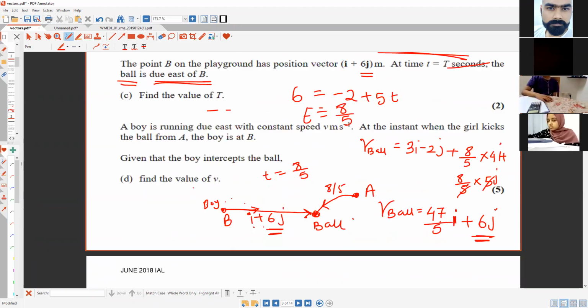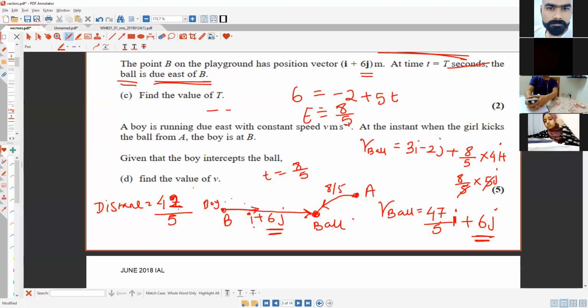The distance is 47/5 minus 1, or 1 minus 47/5, you can do any one, it doesn't matter. It is 42/5. So the distance traveled by the boy is 42/5.